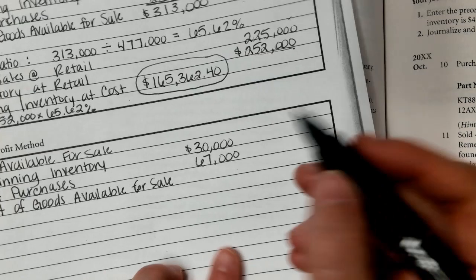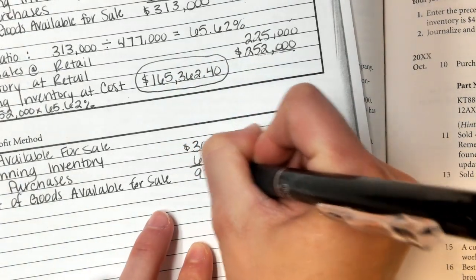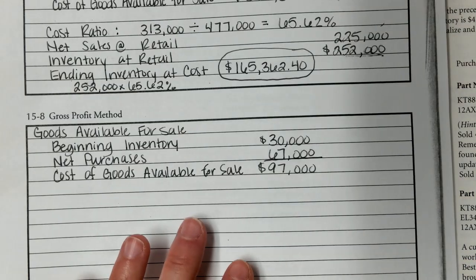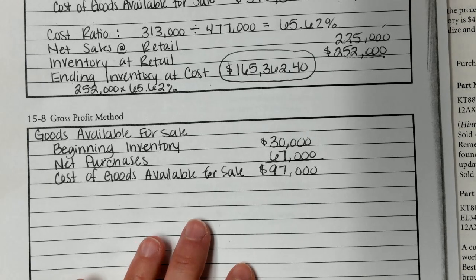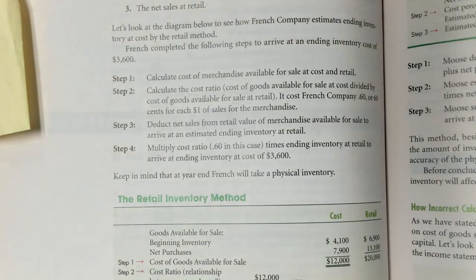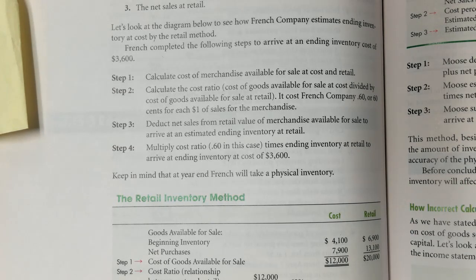And a little math will bring you to 97,000 for your cost of goods available for sale. So we have our actual goods available for sale.